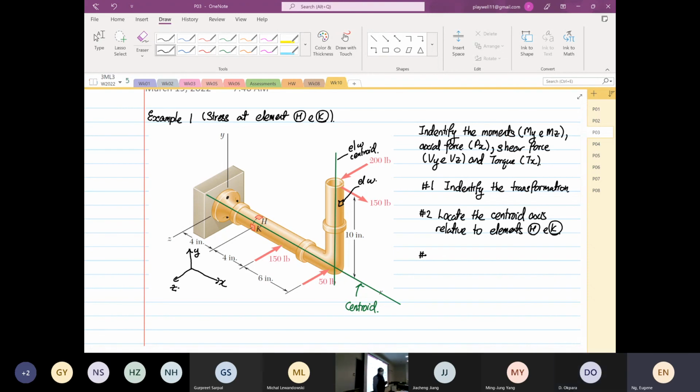If it's just element W, you use that centroid for element W. If it's for element H and K, use the horizontal, or the x-axis, centroid. Is that clear? Yes, clear. Very good.